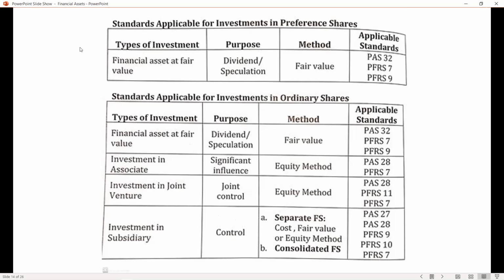So tandaan mo lang, if may problem kang nabasa na a company purchased an ordinary share that represents 21% of ownership, malamang hindi mo siya i-measure at fair value. I-measure mo siya at equity method kasi mayroong ibang classification or ibang accounting treatment doon. Iba yung journal entry tsaka iba yung subsequent measurement niya.